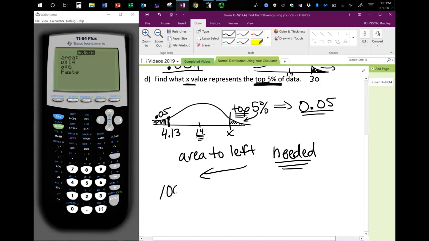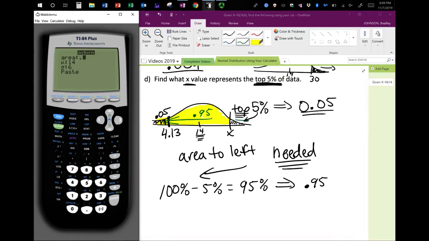If you take 100%, subtract 5%, you get 95%. If you convert that, that would be 0.95 for probability. That would represent everything to the left here, right? That would be 0.95. Everything all the way across, which would leave you with 5% up above.